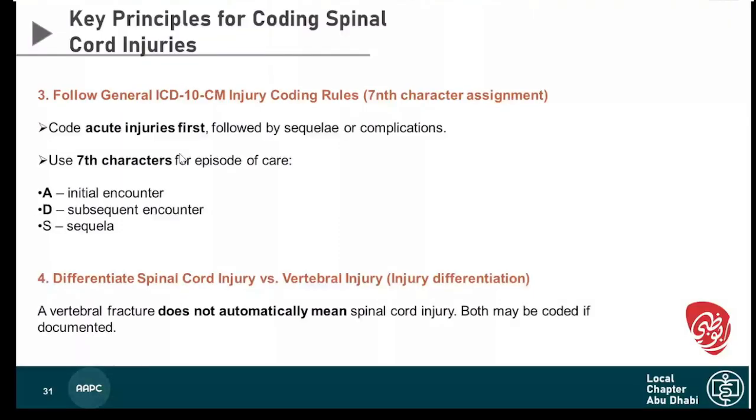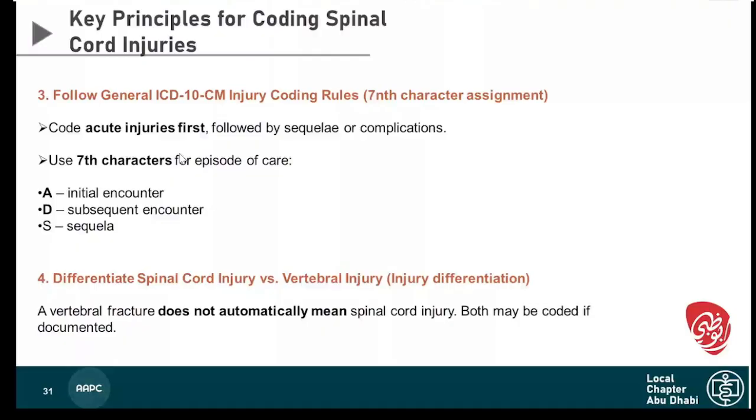Then follow the general ICD-10-CM injury coding rules. That means for acute injuries, we have to code the acute injury first, with the seventh character A, D, and S. Then differentiate spinal cord injury versus vertebral injury, which we already discussed. A vertebral fracture does not automatically mean spinal cord injury. Both may be coded if documented.